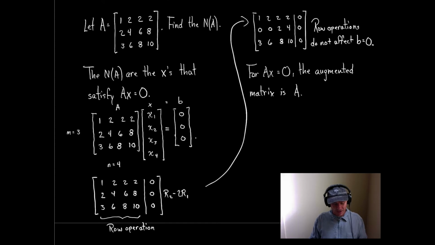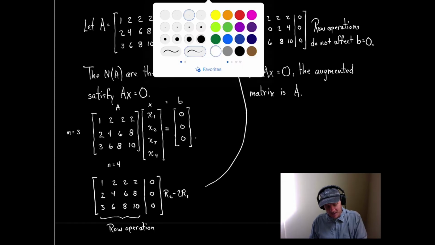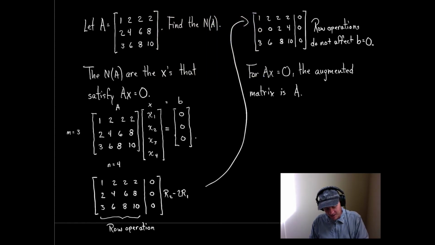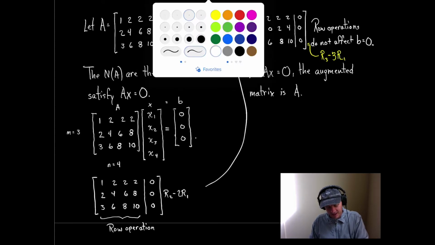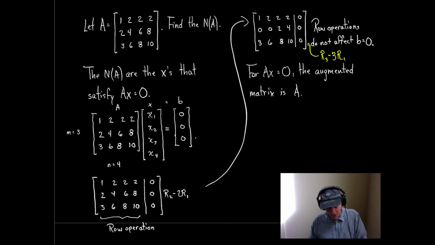All right, so let's continue this. We've taken A, we've done one row operation. I'm going to do another one. We're going to work on row 3 by subtracting 3 row 1s. I'm going to bring that result down here, and I'm going to have the first row, 1, 2, 2, 2, which means I don't have to write the fifth column.